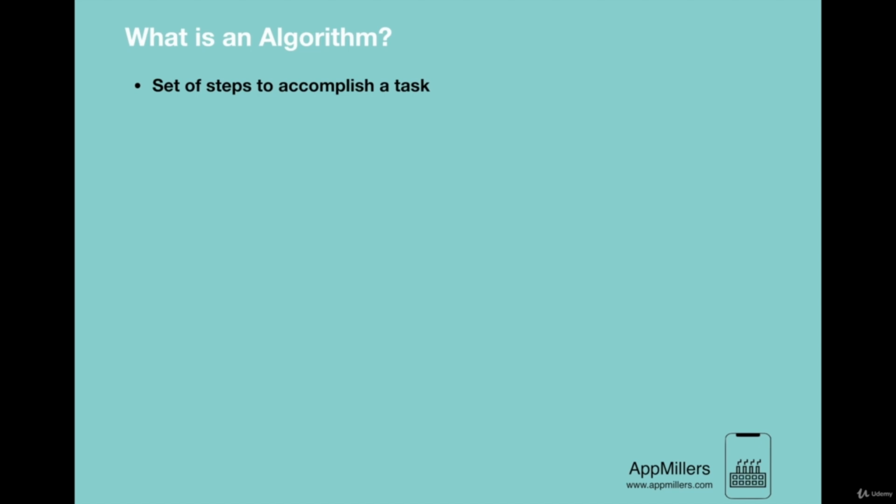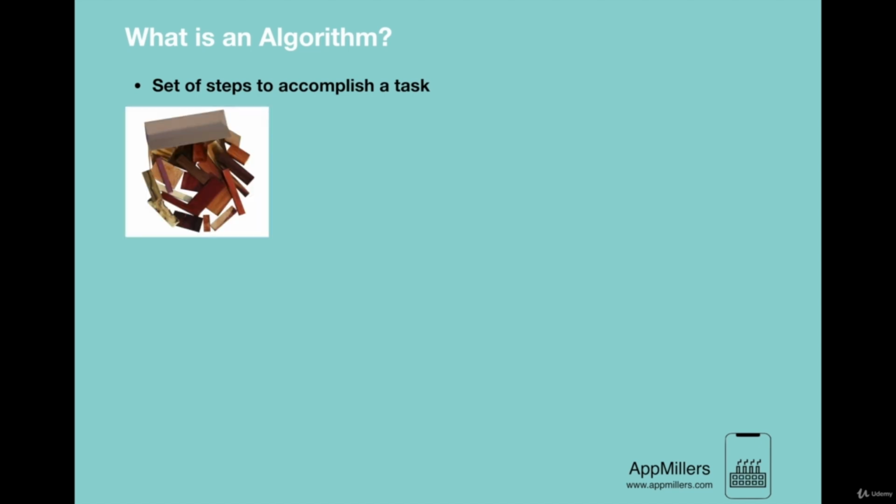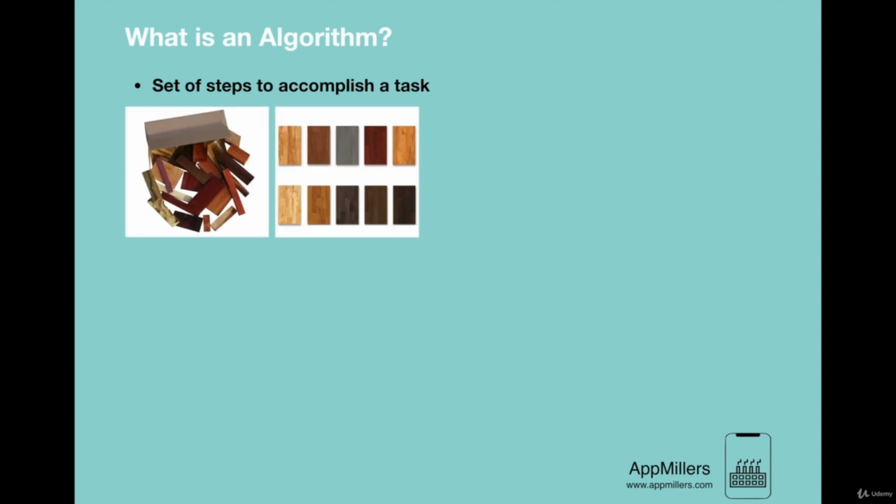Let's look at the previous example that we gave for data structures in which we organize wooden items. If we want to use these organized wooden items for flooring, we need to accomplish several steps. The first step is choosing the flooring, which color we are going to use.